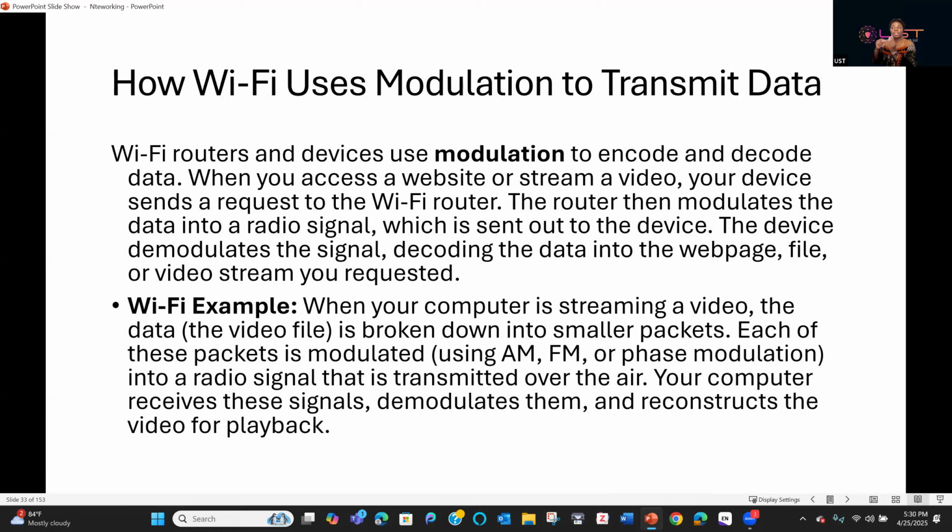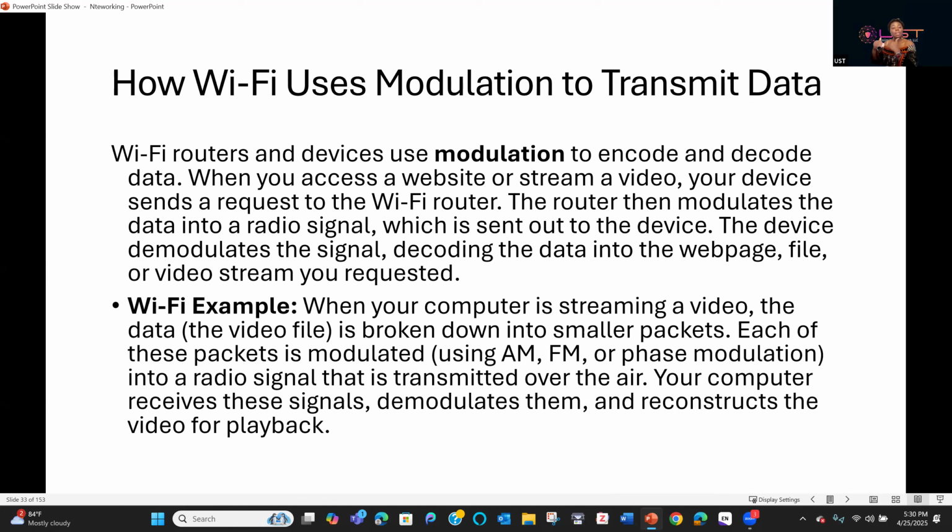So when you access a website or stream a video, your device sends a request to the Wi-Fi router. Do you see? The router then modulates the data into a radio signal, which is sent out to the device.